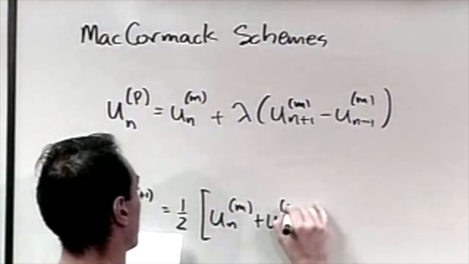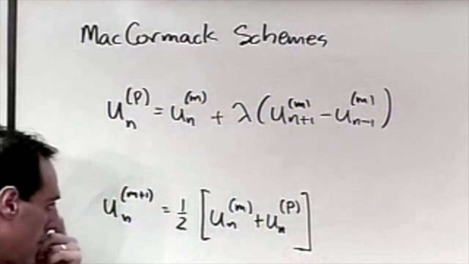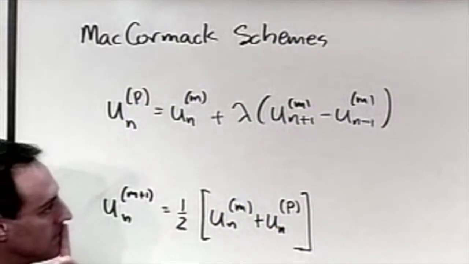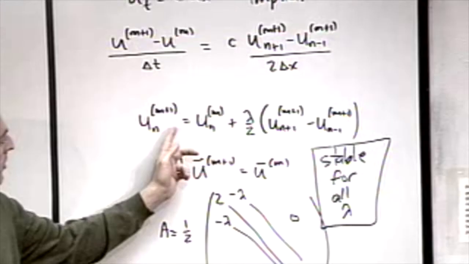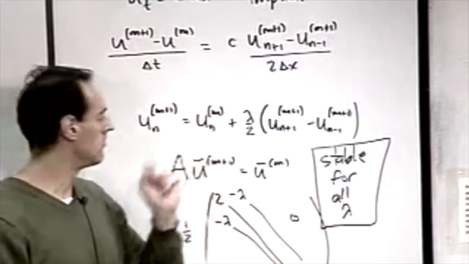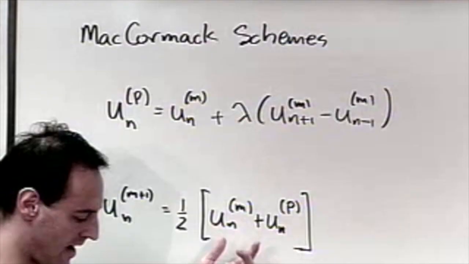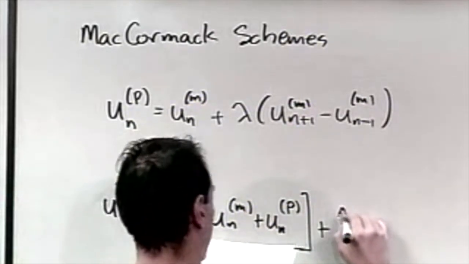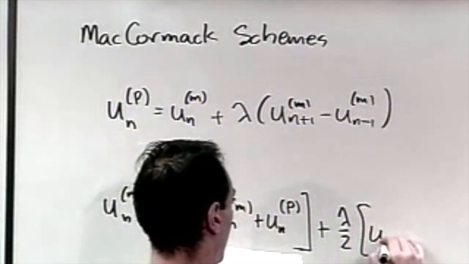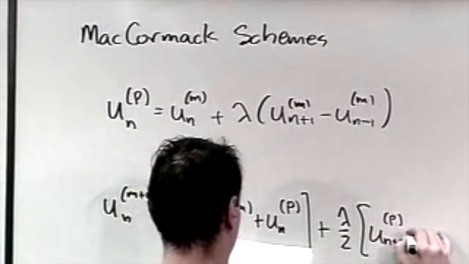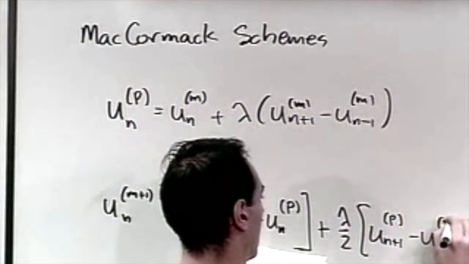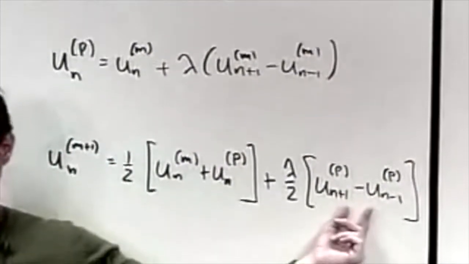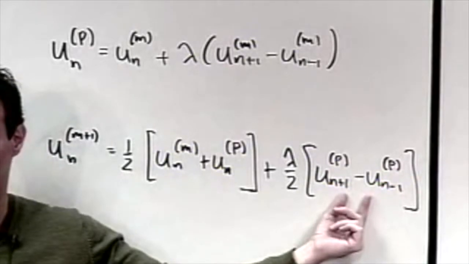The way you're going to do this, somehow you're going to say, okay, let's take this kind of scheme again and say, my future point is the current point, but I'm actually going to use a weighted average between the current and the future point, plus, and then for the derivative term, which is supposed to be just using the future points, I'm just going to use the predicted future points.